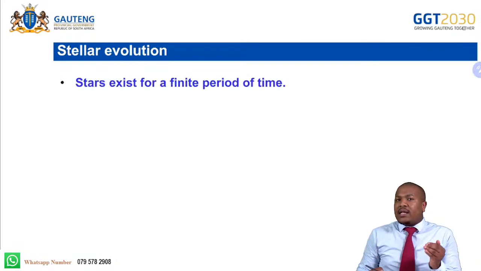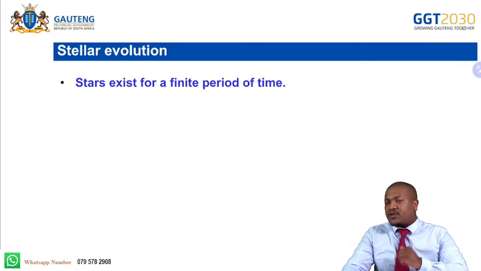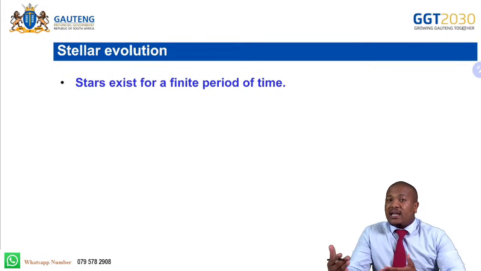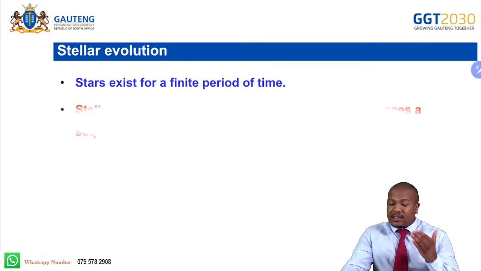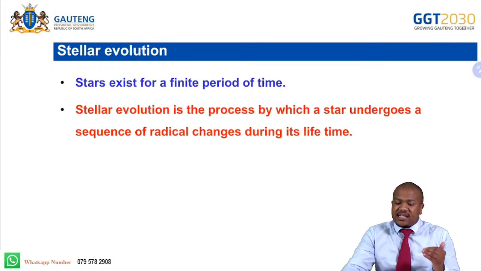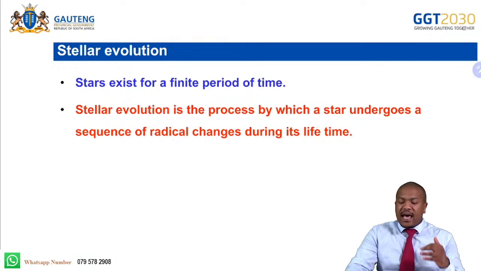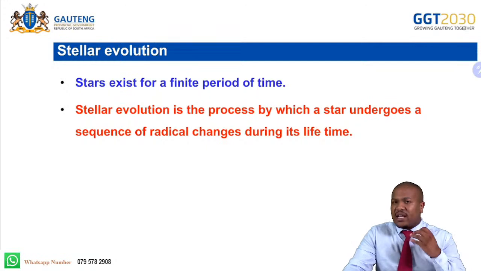So now, how are stars born? Remember, they exist for a finite period of time, meaning they are born, they live, and they die. Stellar evolution is the process by which a star undergoes a sequence of radical changes during its lifetime.